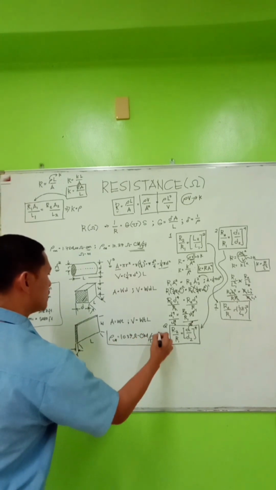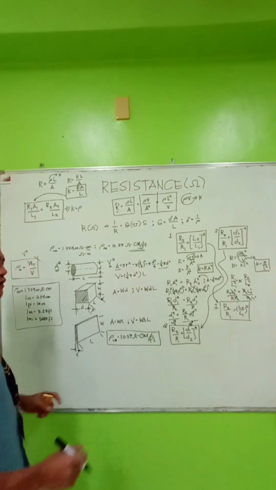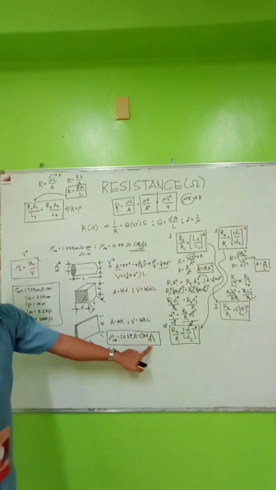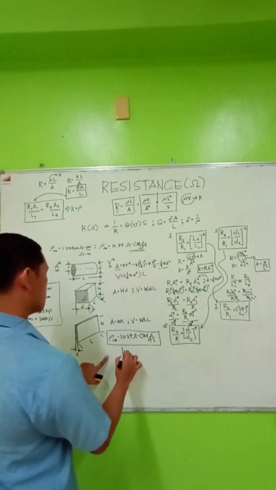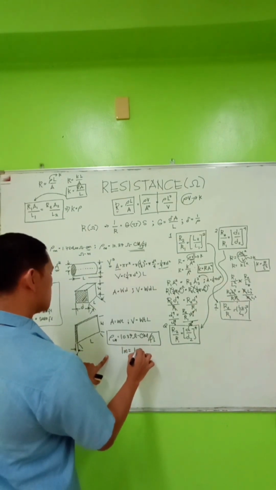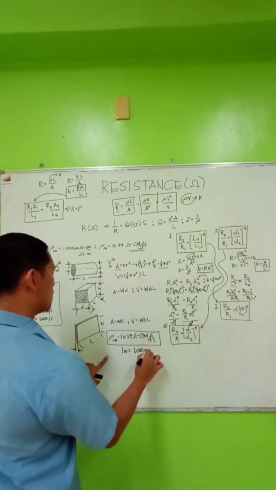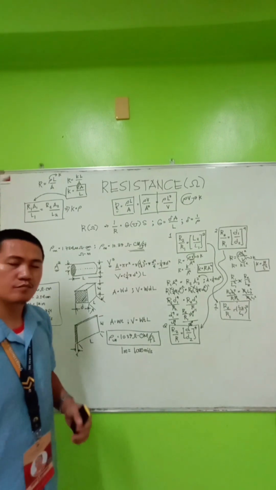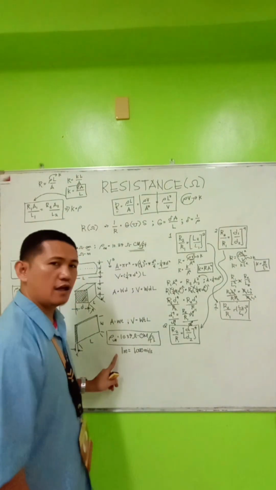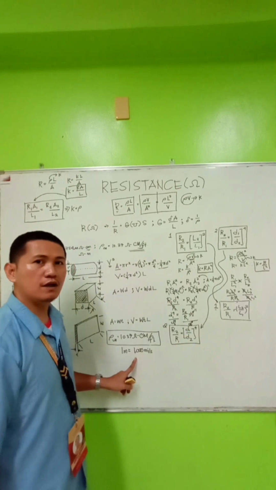Don't forget our conversion: in every inch, there are 1,000 mils.